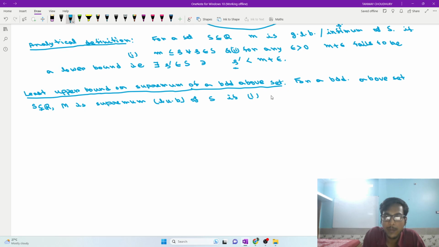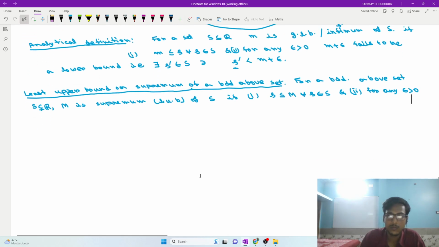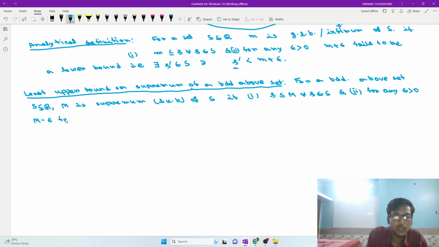Capital N is an upper bound, that means s is less than or equal to N for all s belongs to S, and for any epsilon greater than 0, M minus epsilon fails to be an upper bound.